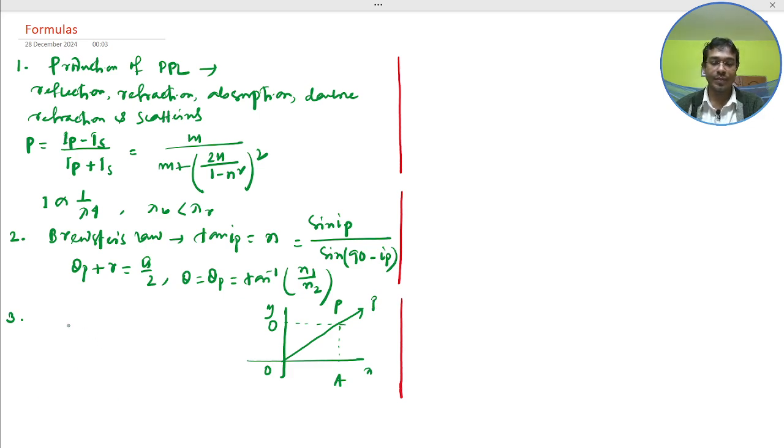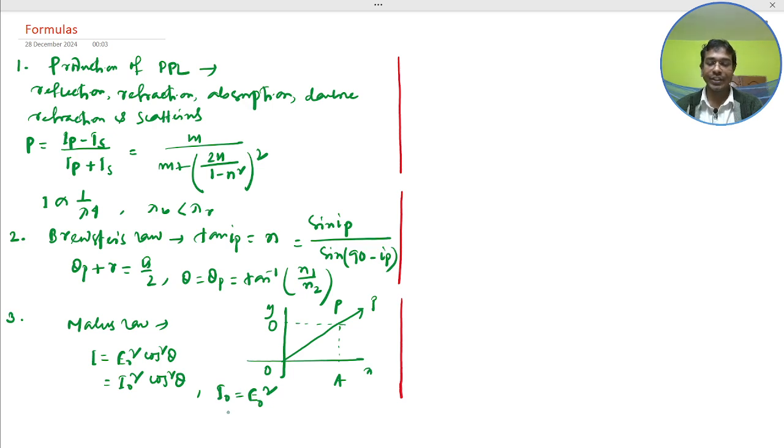So the Malus law says that I equal to E naught square cos square theta, that is equal to I naught cos square theta, where I naught is equal to E naught square.